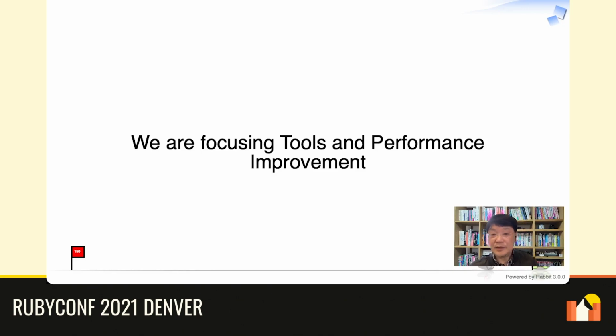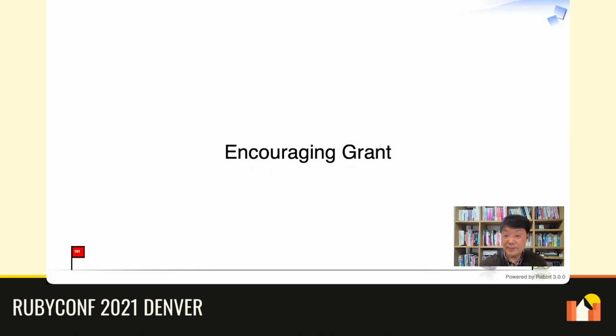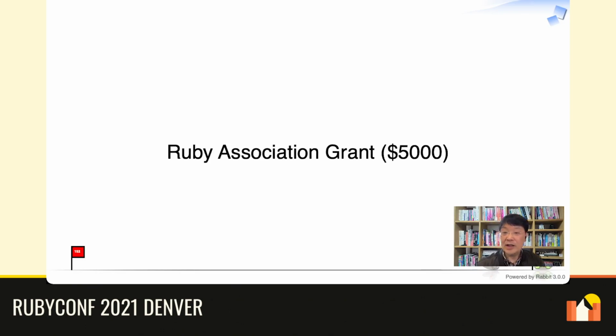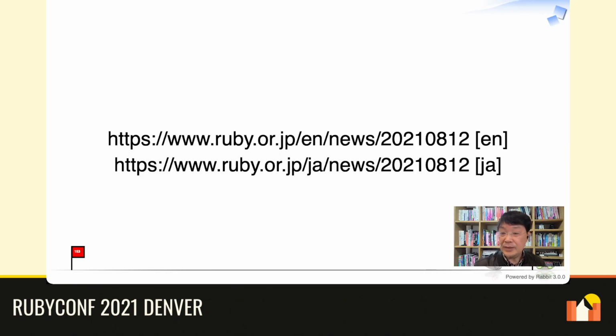So the Ruby Association, which is the organization I manage to help the development of Ruby, has some kind of encouraging grant, the Ruby Association grant, which is $5,000 US dollars, and it is described at this URL.